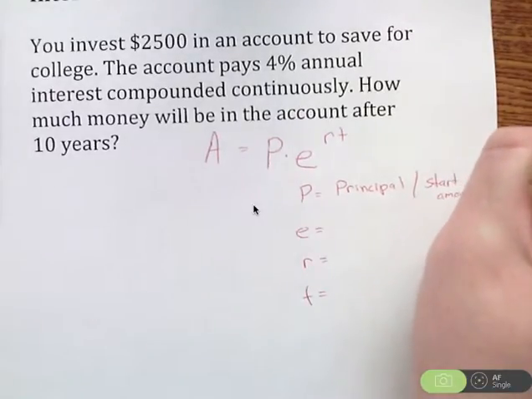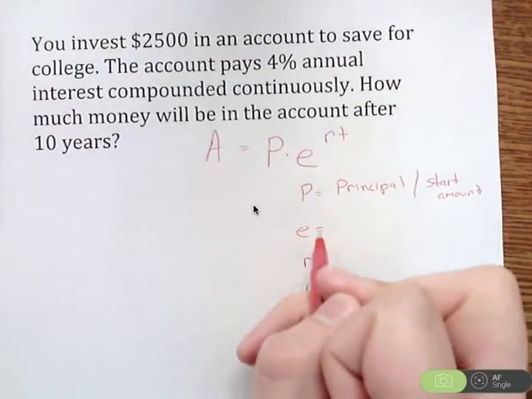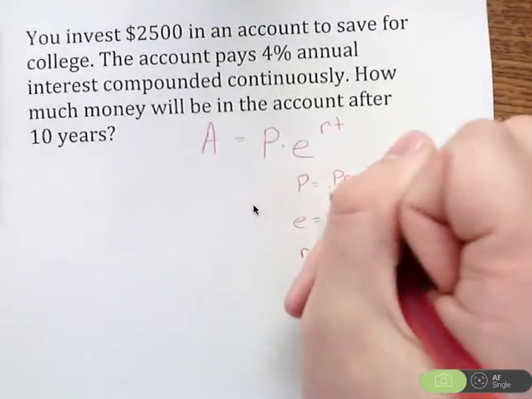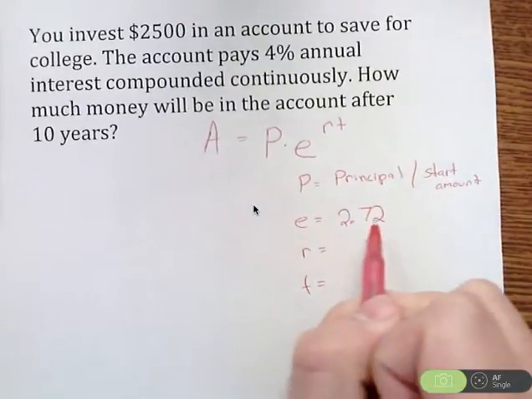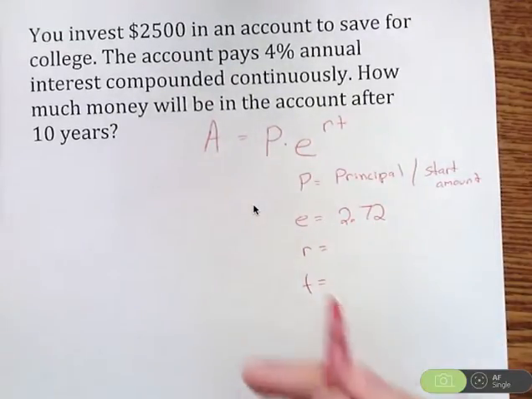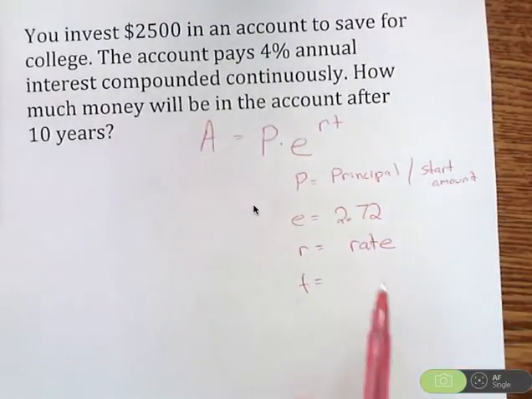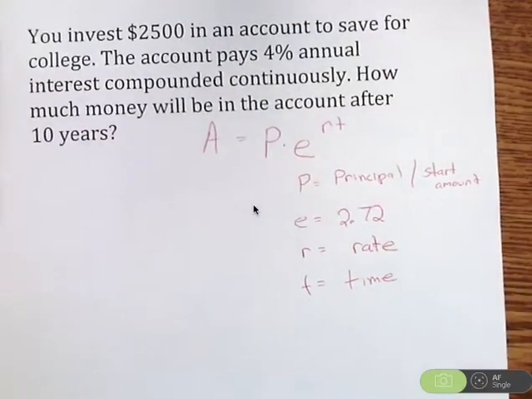So P is the principal or your starting amount. e is the same e we talked about earlier, the natural base e. That's the 2.72 number, but we're going to use our calculator so we can be precise with that. r is still going to be your rate, so that's taking any percentage and putting it in decimal form, making it a rate. And last, t is time.